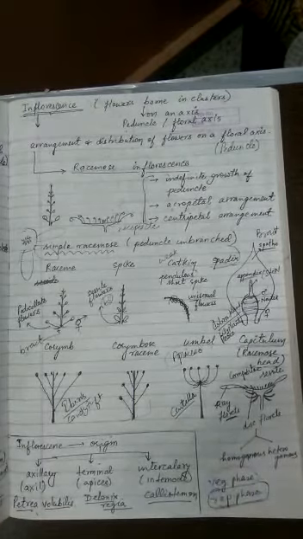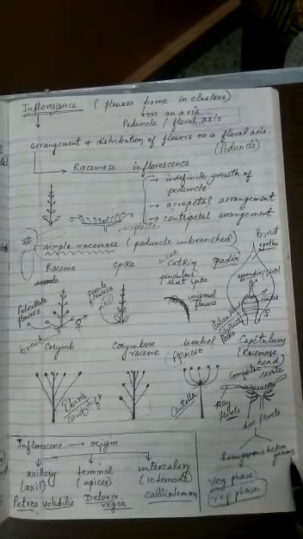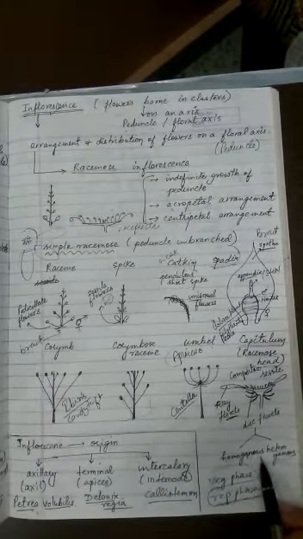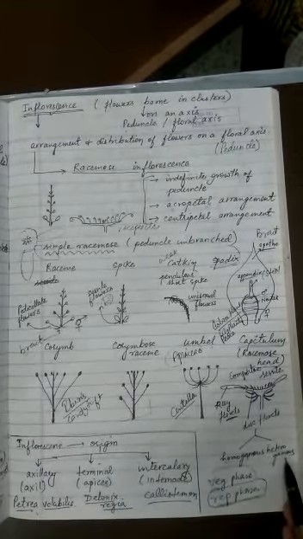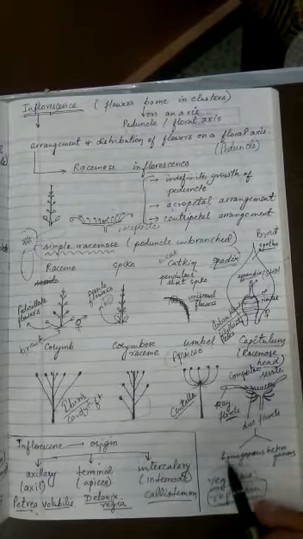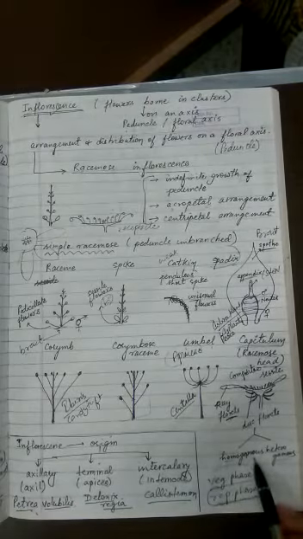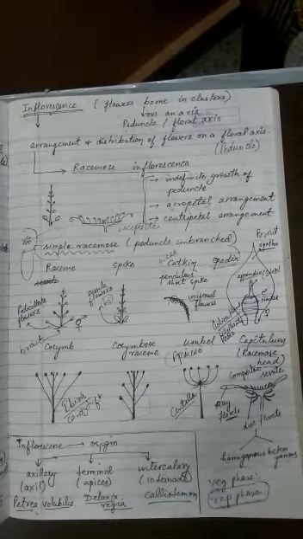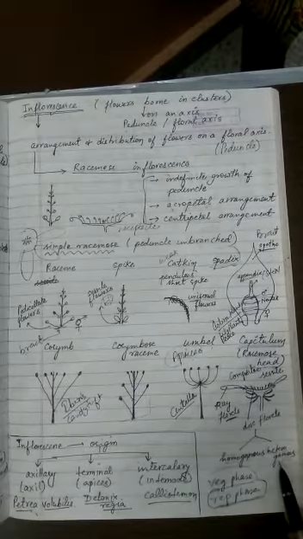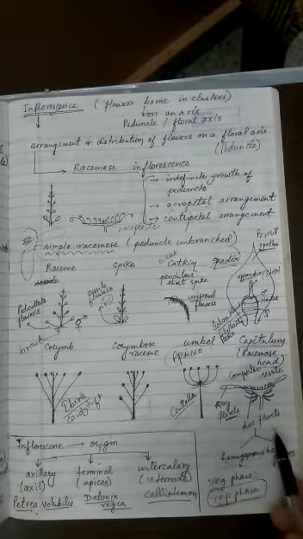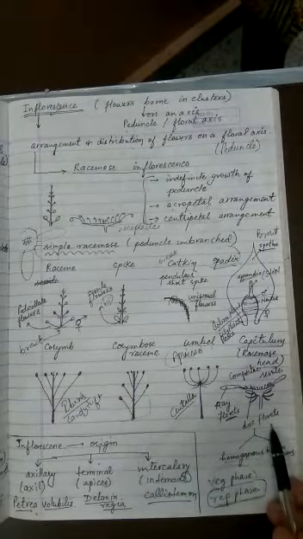If there are two types visible, it is called heterogamous. If there is a single type of flowers, it is called homogamous. The heterogamous example is sunflower, and for the homogamous type, most varieties of marigold are homogamous. If you have seen cosmos flower, cosmos is again a heterogamous type where ray florets and disc florets are present.